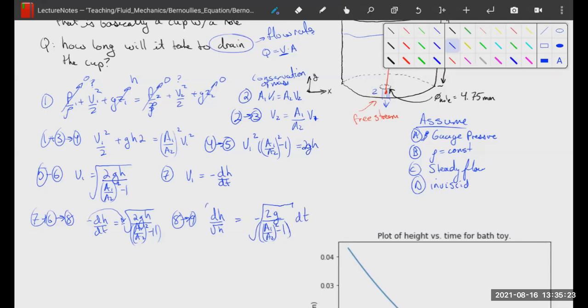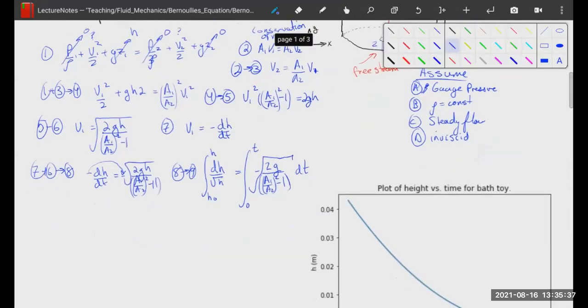And if we're going to integrate, we might as well just do it. So let's draw our integrals. We're going to do limits on these: h naught, our initial height, to h, and t naught, which is 0. We're just going to leave 0 in there because you'll see it'll just drop out. If we do that integral, 9 to 10, we get 2 square root of h minus 2 square root of h naught is equal to the negative of t times the square root of 2g over (A1 over A2 squared minus 1).